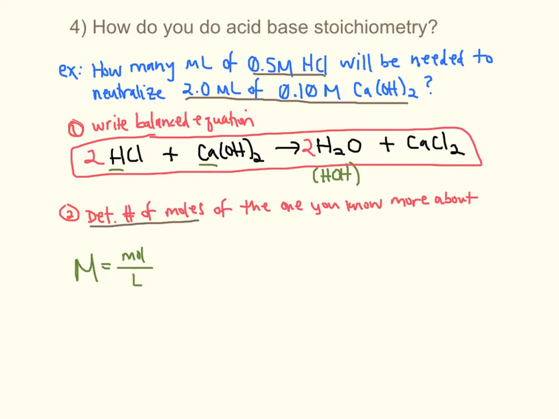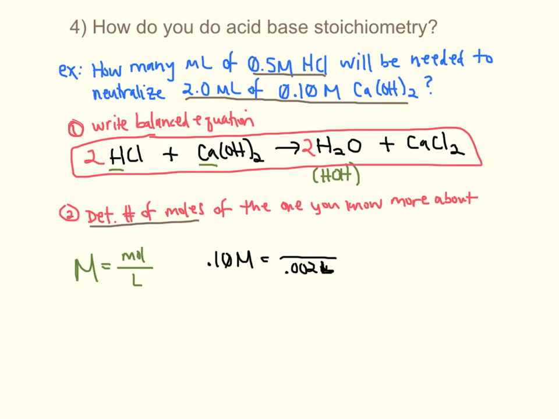And we happen to know that the molarity of our calcium hydroxide is 0.10 molar. And we also happen to know the volume of the calcium hydroxide in milliliters, not liters. So we'll convert it to liters from milliliters.